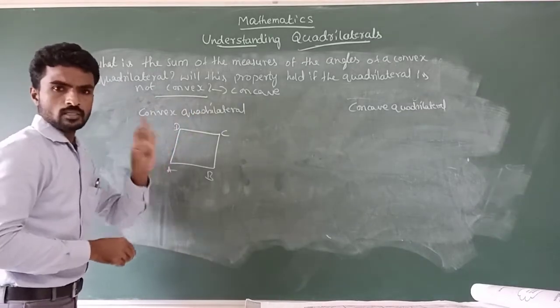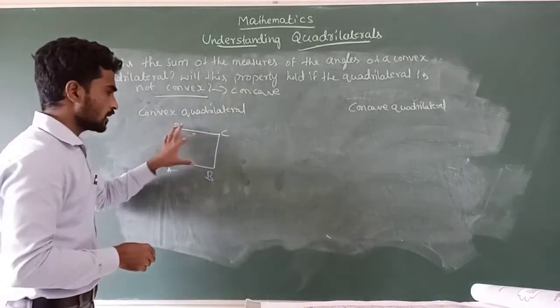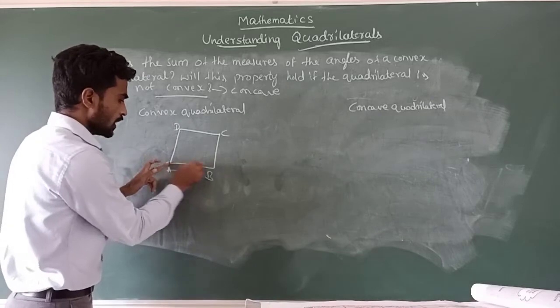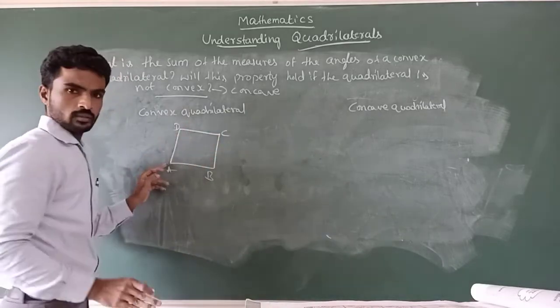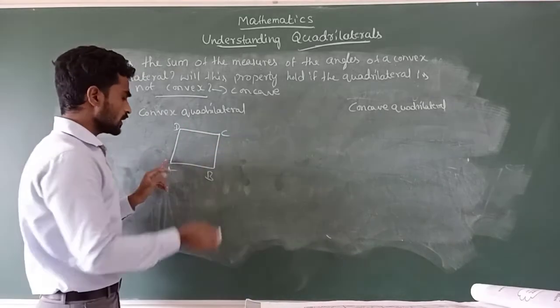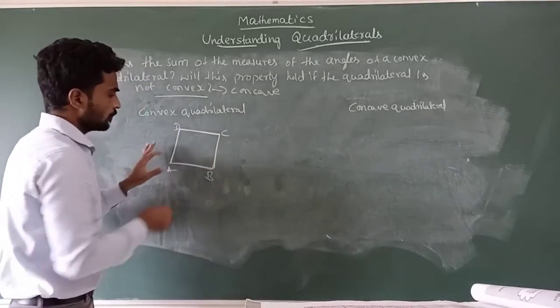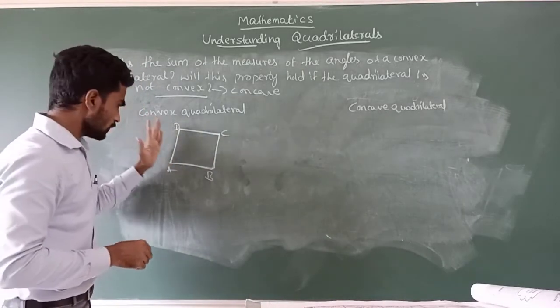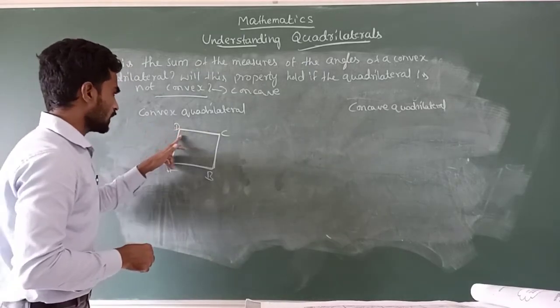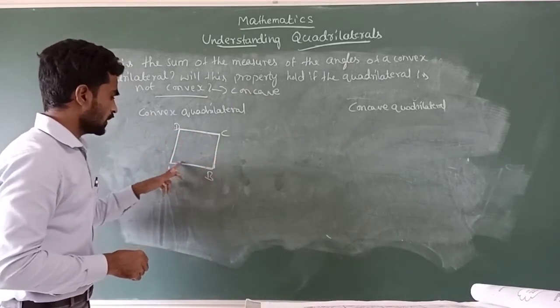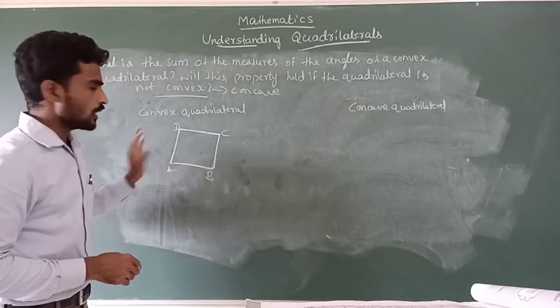A quadrilateral has 4 sides, 4 angles and also 4 vertices. Here A, B, C, D are the vertices, and AB, BC, CD and DA are the 4 sides, and angle D, angle C, angle B and angle A are the 4 angles.